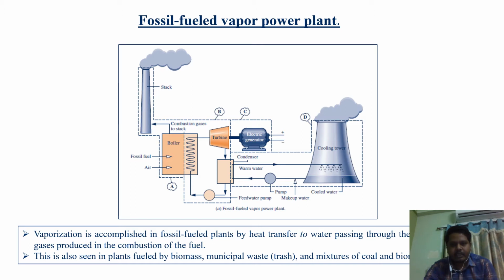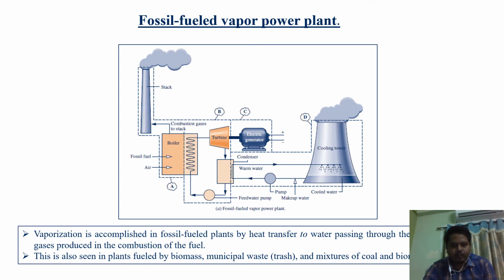The function of the generator is to convert the mechanical energy into electrical energy. Okay, and the expanded steam enters into the condenser, where it gets condensed. After getting condensed, it passes through the pump. Then the high pressure water enters into the boiler. Here this water is converting into steam. So this cycle we already discussed.